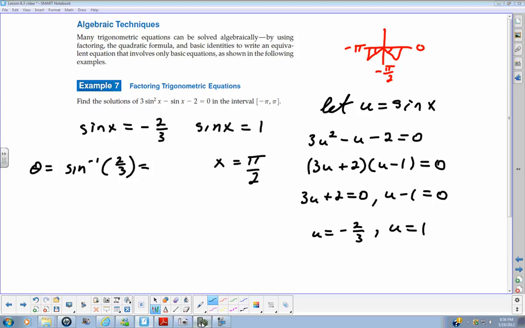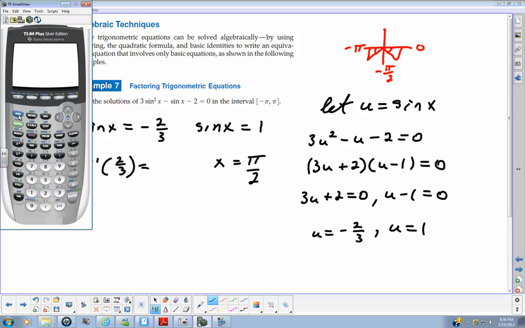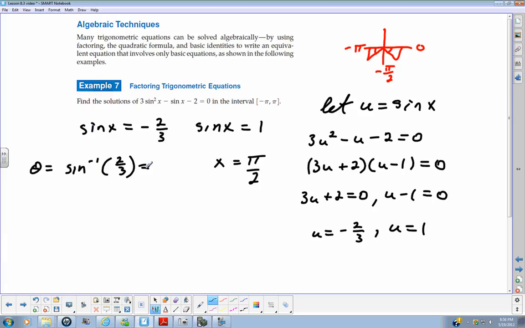So we'll take our calculator and do the inverse sine of 2/3, and we get 0.73, so we'll just use 2 decimal places. So in the 3rd quadrant, we're going to take negative pi and add 0.73. And then over here in the 4th quadrant, we're just going to subtract 0.73.